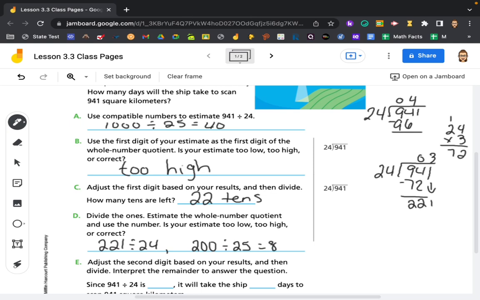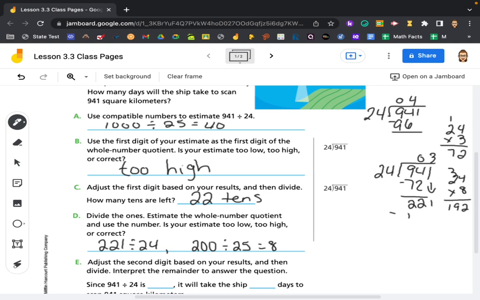And if we do 24 times 8, we get 192. 8 times 2 is 16, plus 3 is 19.